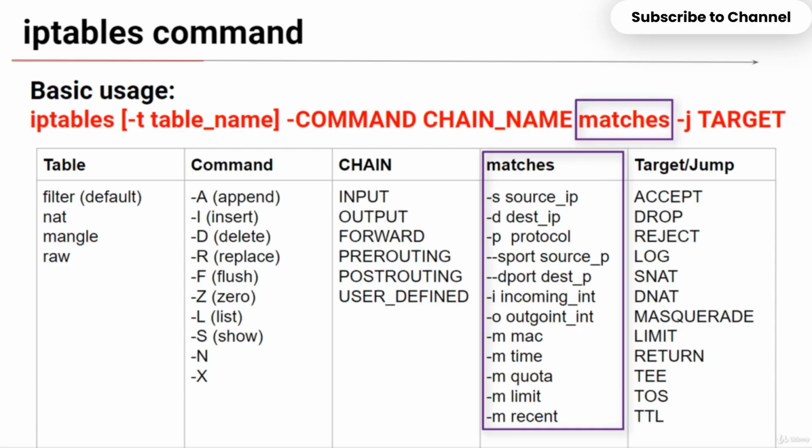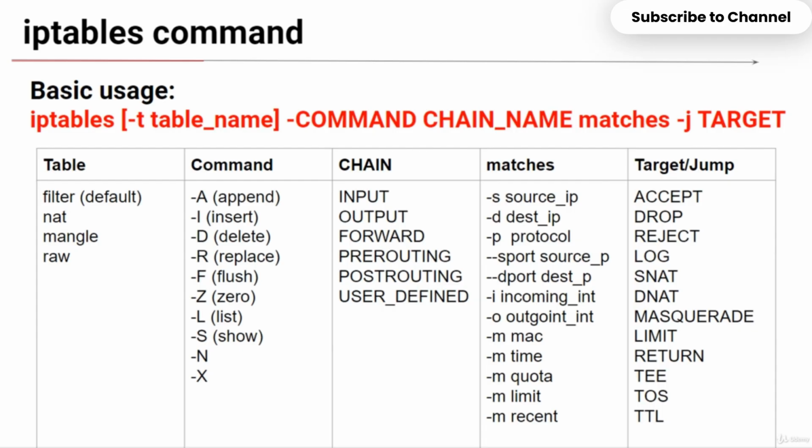For example, we may want to match packets that come from a specific host or network and are going to some ports on our system. If any of these matches fails, for example, the source address isn't correct, but everything else is true, the whole rule fails and the next rule is tested on the packet. But if all matches are true, the target specified by the rule is applied.